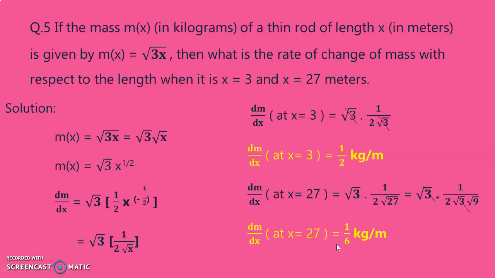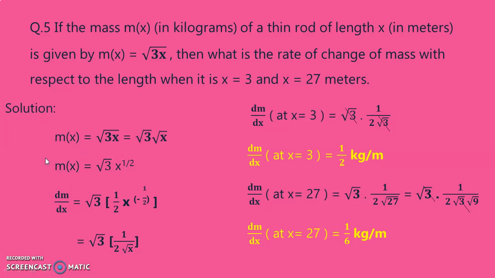Now we have arrived at the answer: dm by dx at x is equal to 27 is equal to 1 by 6 kilogram per meter. So don't forget to mention this unit in your answer. Okay. So that's all about this problem. So you just have to find what your dm by dx is.